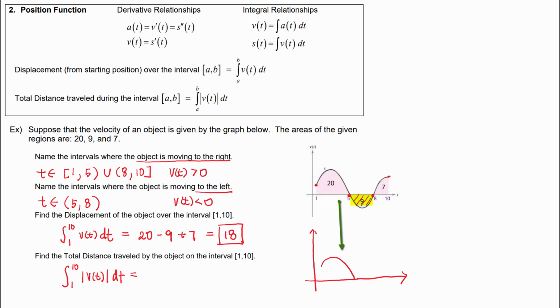And then when you take the absolute value of a negative value, it becomes positive. And the absolute value of a positive is positive. So the graph's gonna look like that, and this was a 20. Now negative 9 is gonna be positive 9. Positive 7 stays positive 7. Therefore, the total distance traveled by the object on the interval 1 to 10 would be 20 plus 9 plus 7, which is equal to 36.